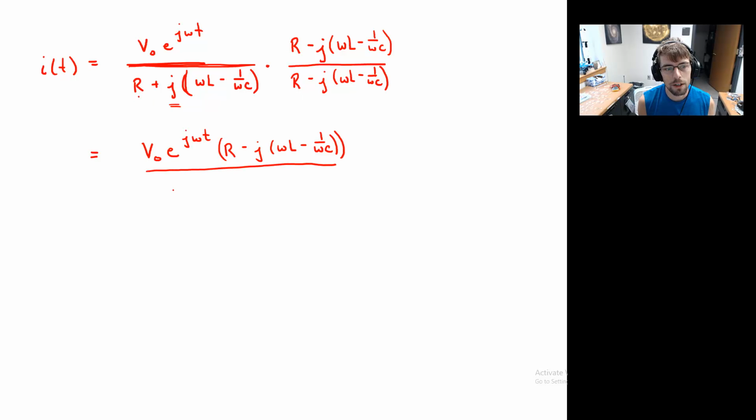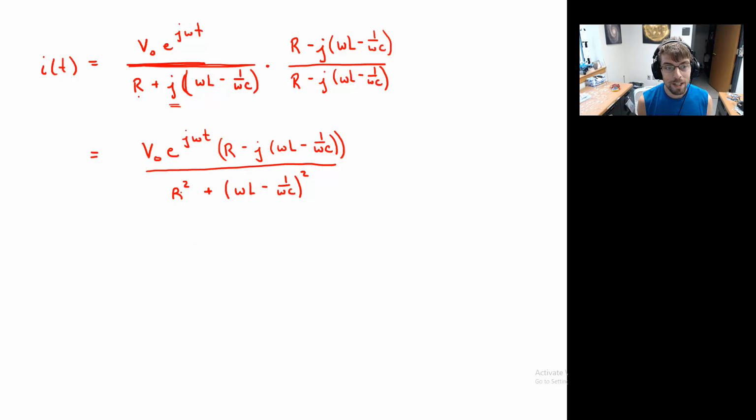R times R, R squared, plus j times R, minus j times R. So the cross term disappears. Negative j times positive j gives me a positive. So I get R squared plus omega L minus 1 over omega C, squared.